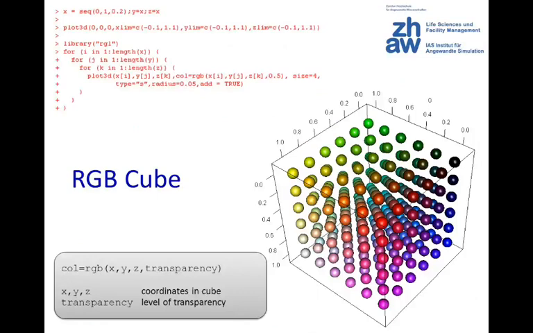You can actually visualize those colors that you can display in R with the RGB cube. So RGB is a color model. What you have to specify is the amounts of red, green and blue that you would like to have. That's why RGB, red, green, blue. And you have to define the opacity or strength of color, and with that you can actually define all possible colors.